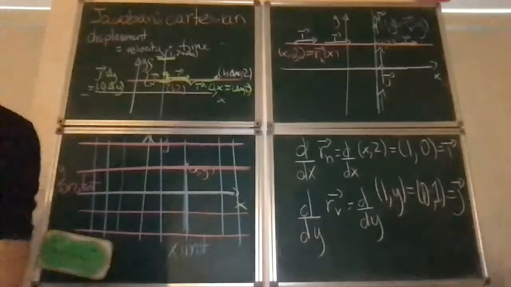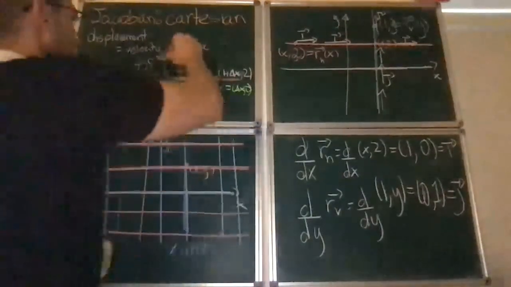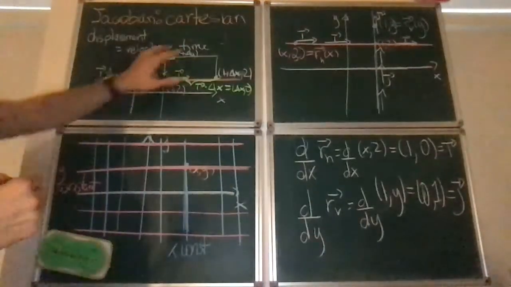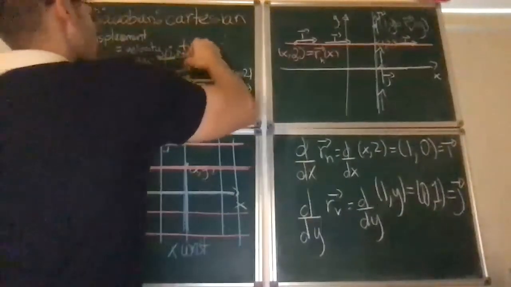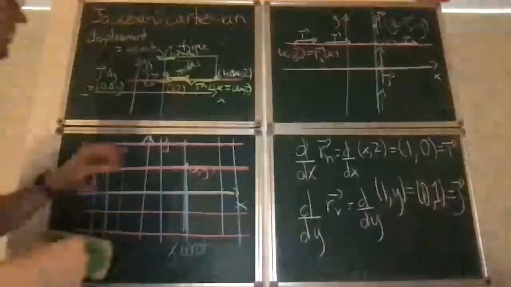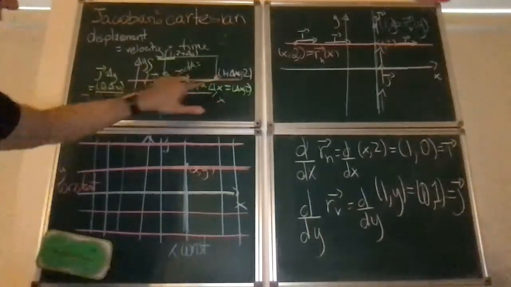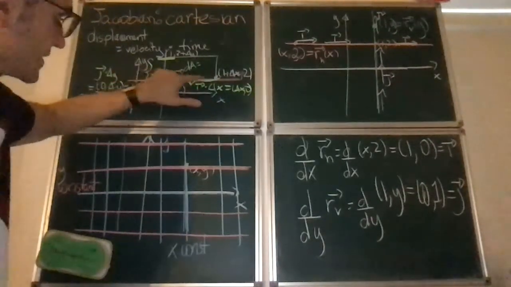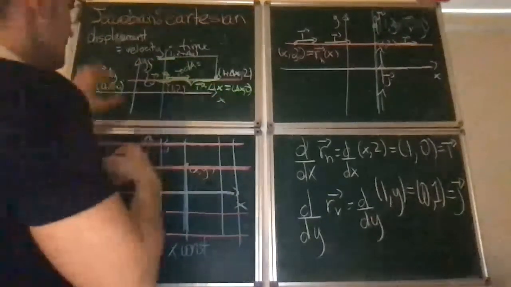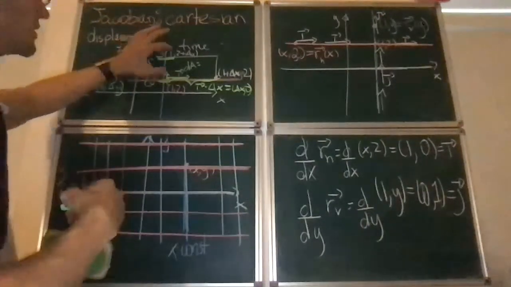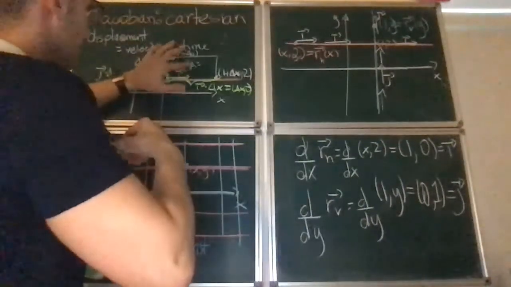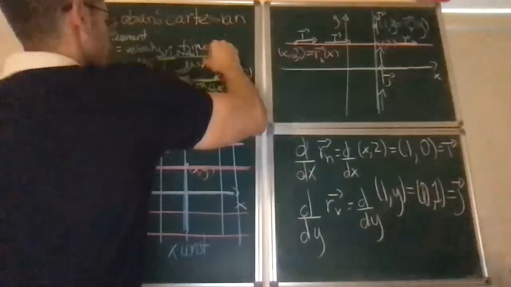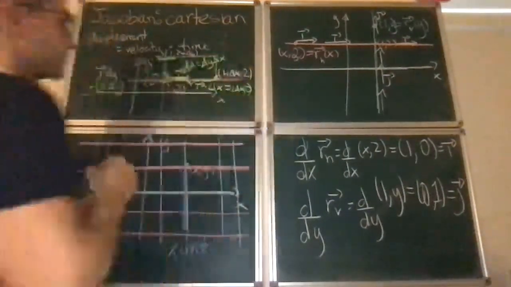And now the idea is that the area here, dA, right? If you notice this vector, the change in x was just delta x, the change in y was delta y. So the area of this small segment is just delta y times delta x.